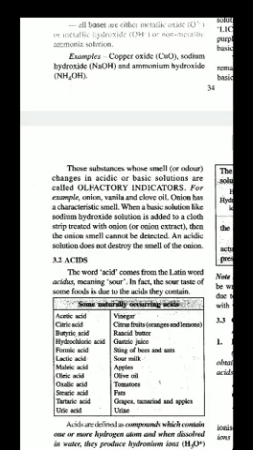When a basic solution like sodium hydroxide solution is added to a cloth strip treated with onion, then the onion smell cannot be detected. Acidic solution does not destroy the smell of onion. That's why, children, whenever we eat onion, we put lemon juice and black pepper, which maintain the smell of the onion slice.